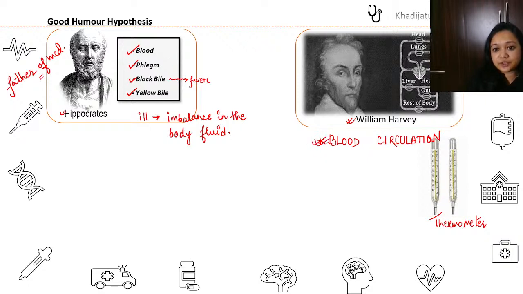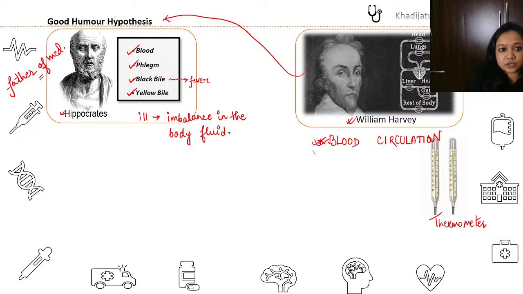With the help of the thermometer, he showed that anyone who has an imbalance might also have a normal body temperature. Having fever is not because of an excess of black bile in the body. Okay, so he cancelled the good humor hypothesis given by Hippocrates.